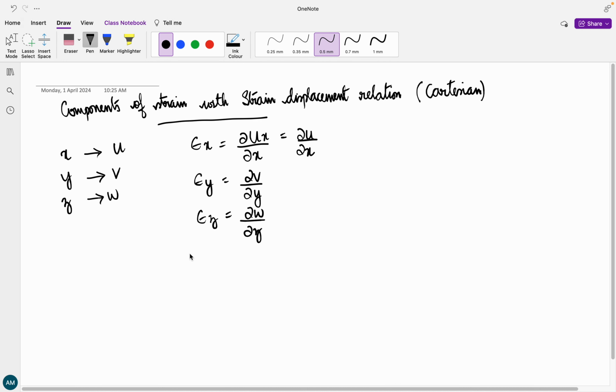Now, coming to the shearing strain, gamma xy. I'll call it as gamma xy by 2 so that I will have the other component, that is epsilon xy, as a whole number. So gamma xy by 2 is equal to epsilon xy is equal to half of, okay, you have x, you have y. So x is dou u, y is dou v.